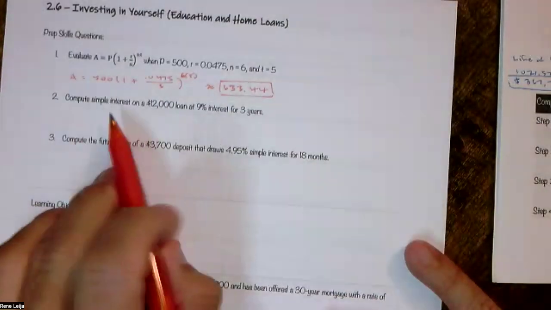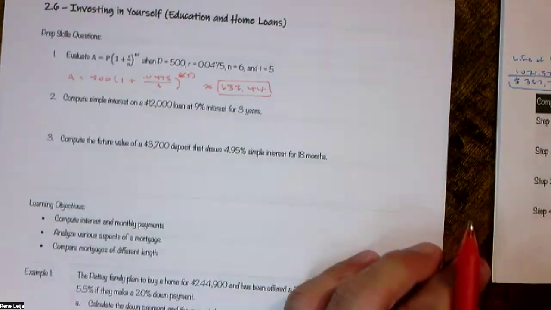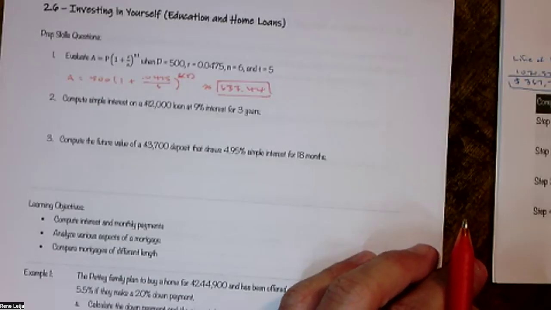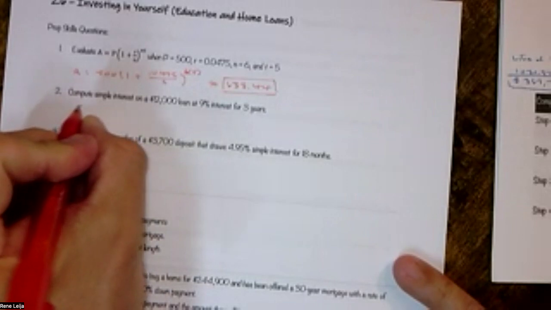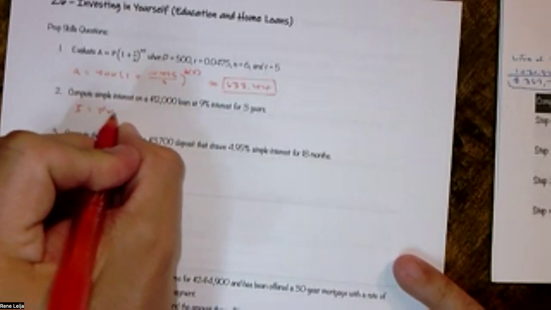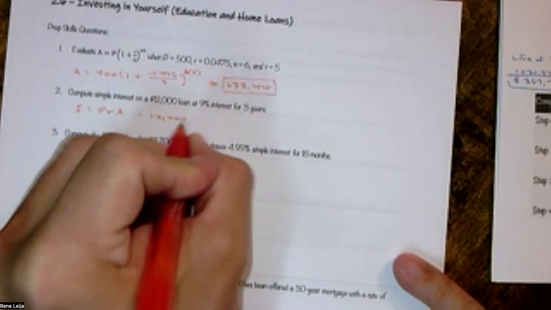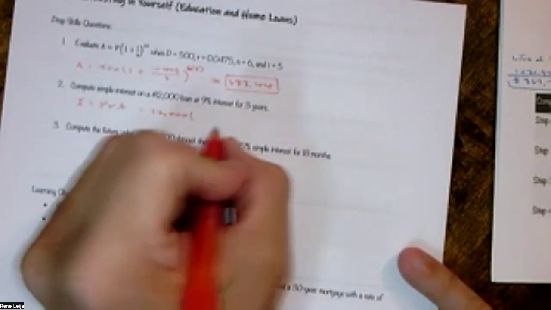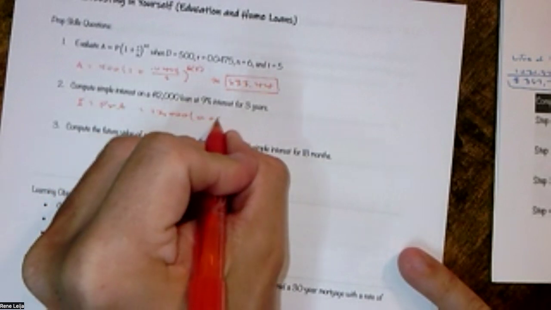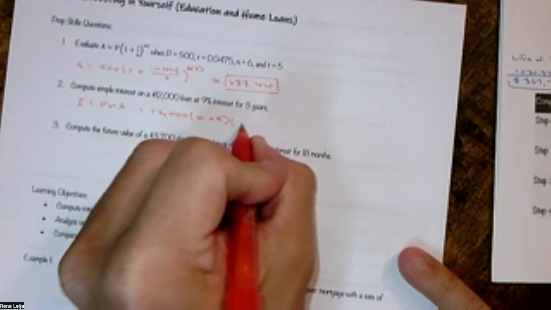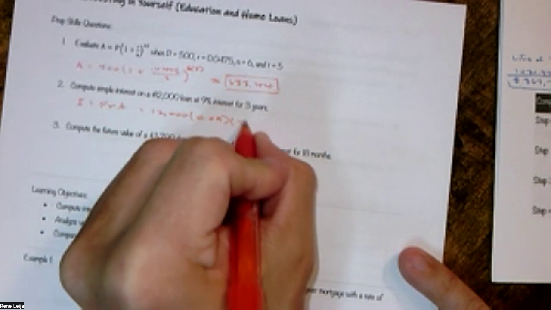All right, it says compute simple interest on a $12,000 loan at 9% for 3 years. Simple interest. So that's I equals principal times rate times time. So 12,000 principal times rate, that's going to be 0.09 times time, which is 3 years.